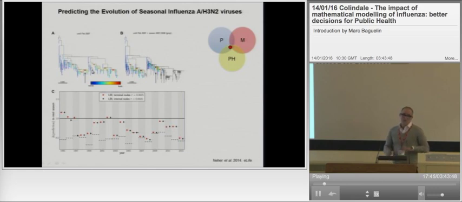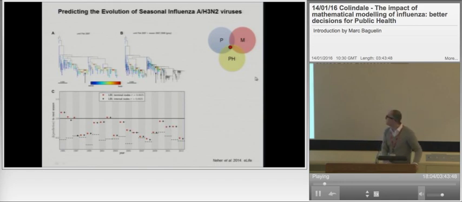So by identifying regions in a tree that seem to have a higher than expected level of branching and nodes, you could maybe infer the fitness of the strains in that particular zone, and then identify potential ancestors of the next season's strains.